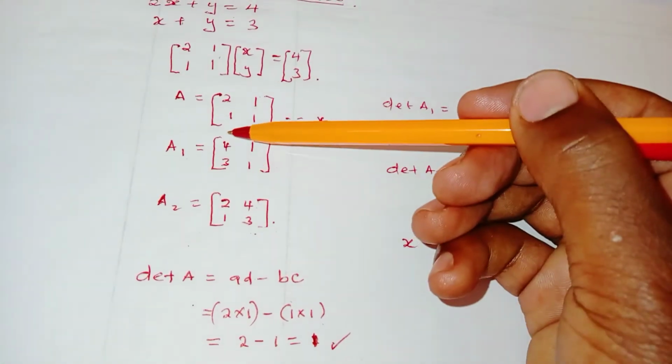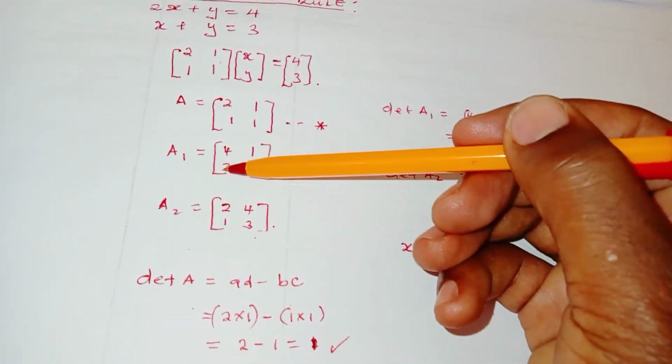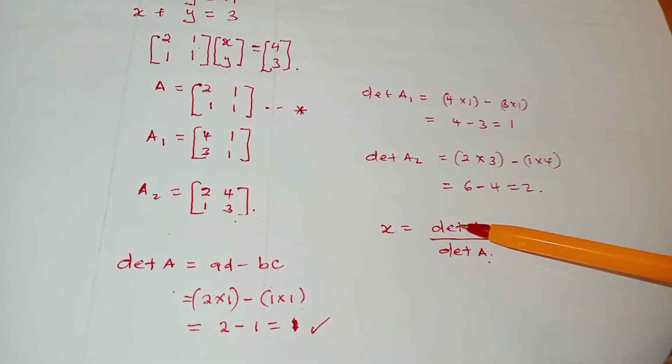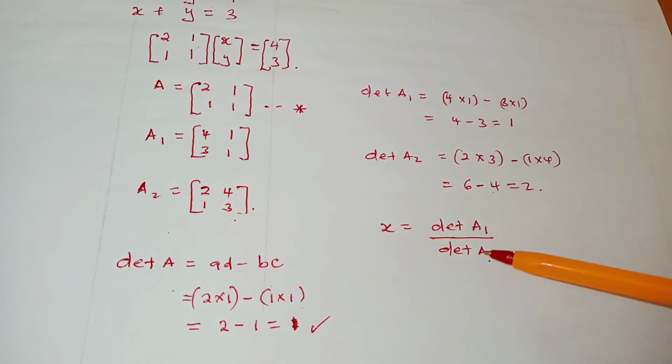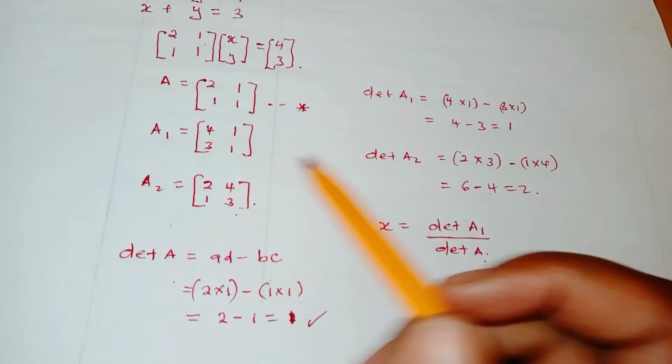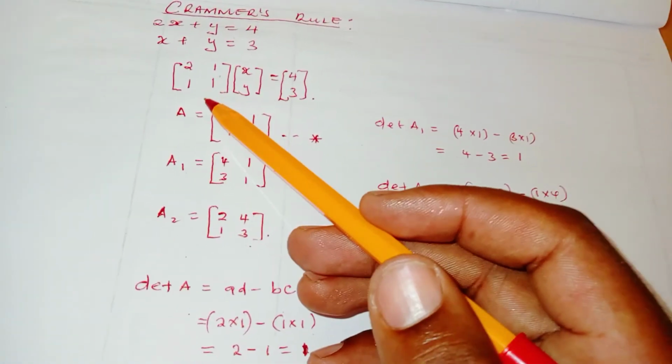So in place of x, we have 4, 3 as a new column. That's why x equals the determinant of A sub 1 over the original determinant.